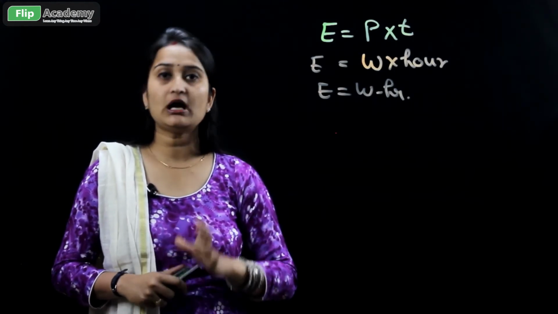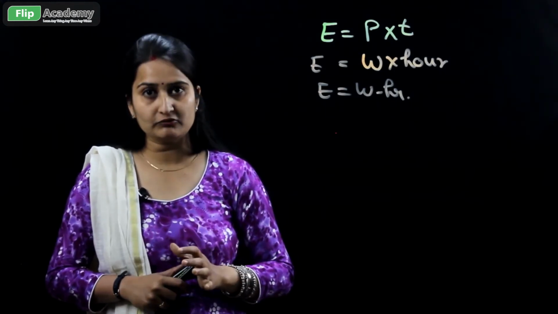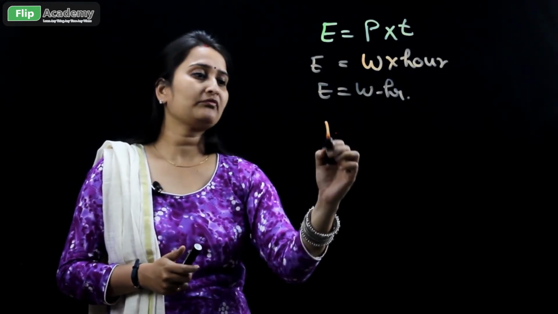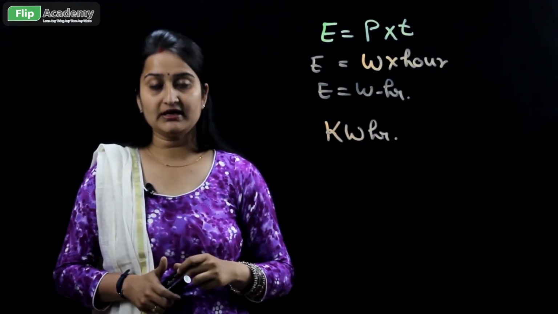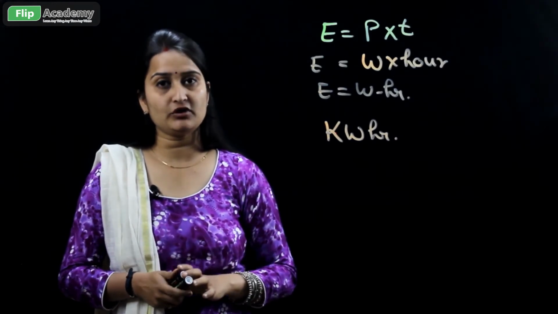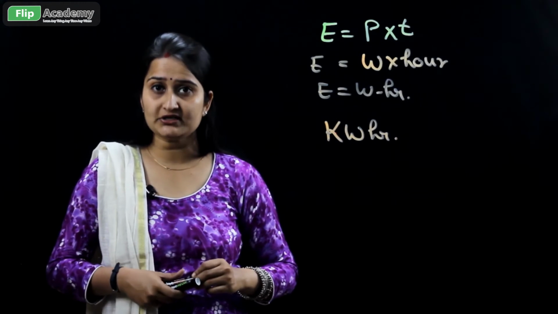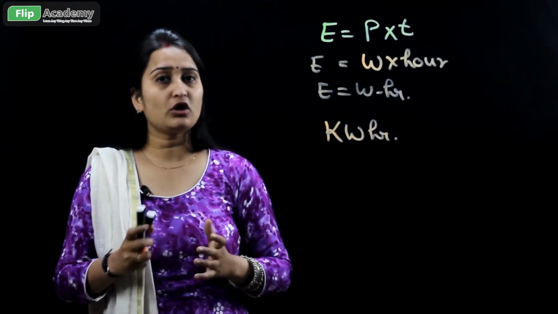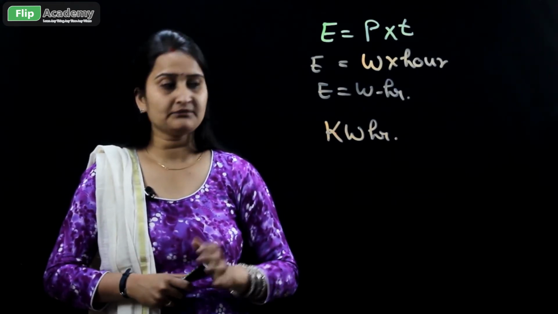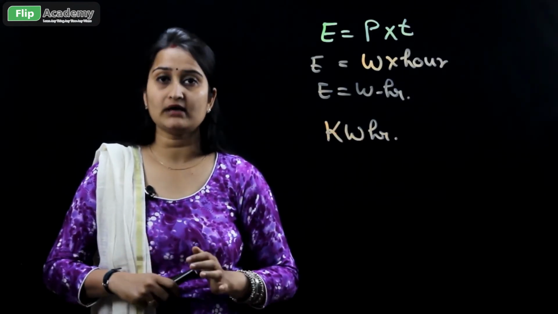If you need to measure a bigger quantity, the unit becomes kilowatt hour. Kilowatt hour is a commercial unit of electric energy. It is used to measure heavy appliances, or in industries, or to measure larger quantities.